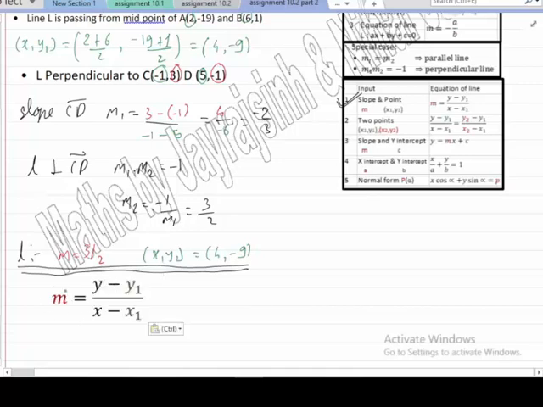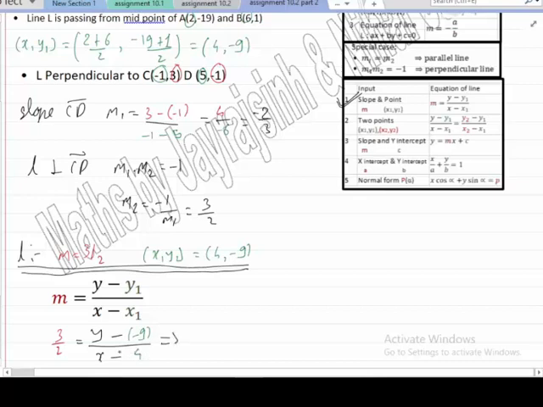So we are ready to use the formula. We just have to put in the values of M, x1, y1. Here we get 3 by 2 equals (y minus y1) upon (x minus x1).